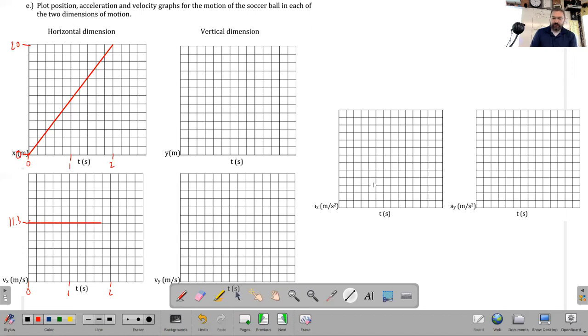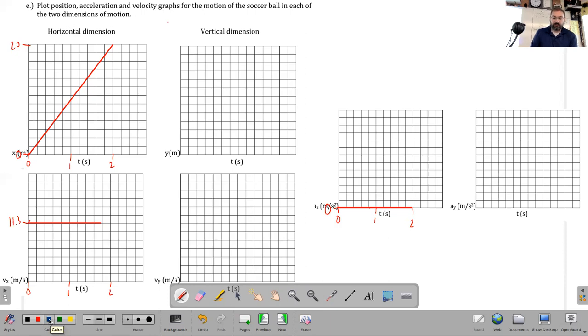And the acceleration in the horizontal direction is 0 for all that time. So let's see, that goes to here. This is 0. This was 1 second. Let's see, 1, 2, 3, 4. 1 second is here. And then 2 seconds is right here. The acceleration is 0 in the horizontal dimension.